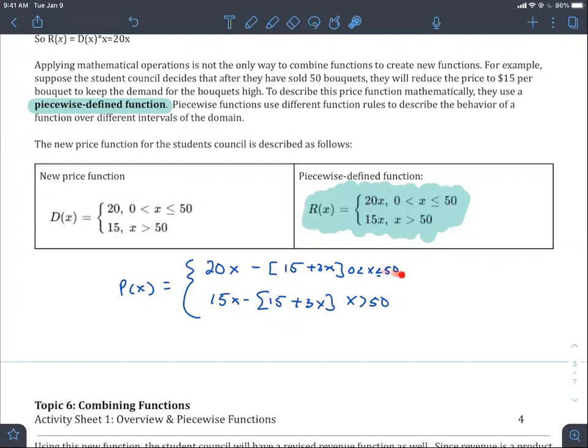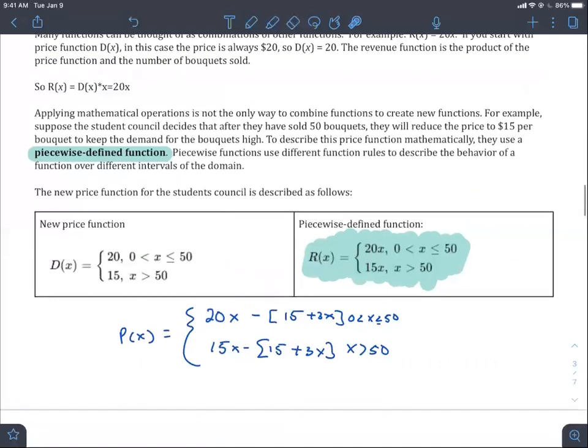But a piecewise function is literally a function that has pieces. And thus we start to get to the meat of the pre-calculus nature of this idea. And thus ends our example about the bouquet of flowers.